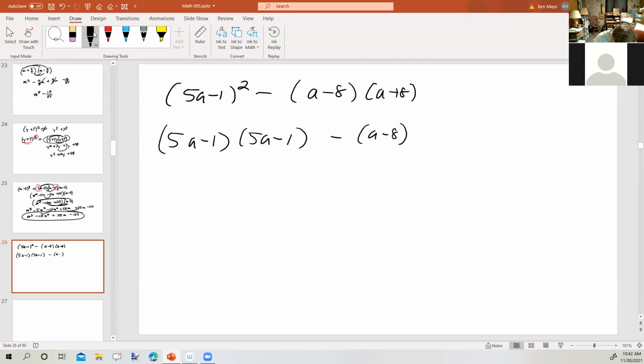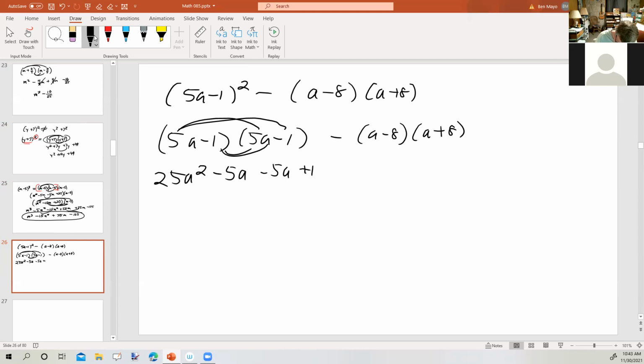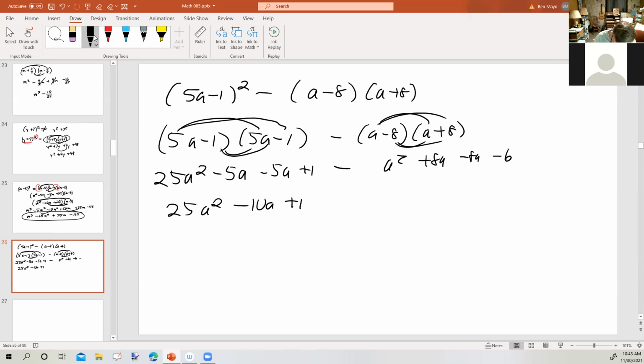So here we get 25a squared minus 5a minus 5a plus 1, which is 25a squared minus 10a plus 1, minus a squared plus 8a minus 8a minus 64, a squared minus 64.